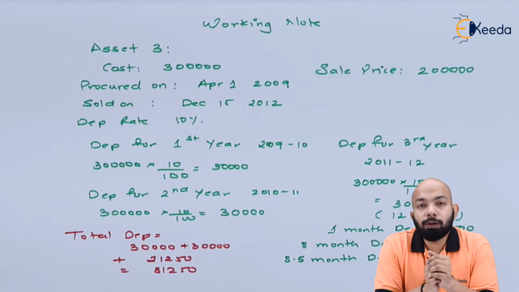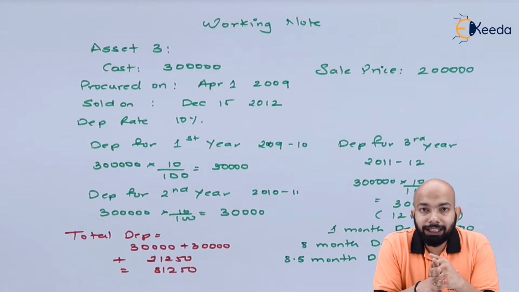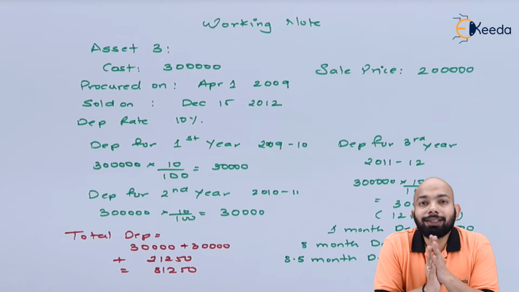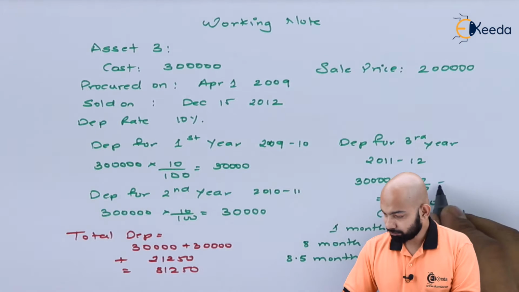Second year depreciation will also be 30,000, but the third year depreciation, that means for the year 2011-12, will have a depreciation for only 8.5 months. The reason being, this asset has been sold on December 15th, so we'll be recording the depreciation only until this asset was with us.